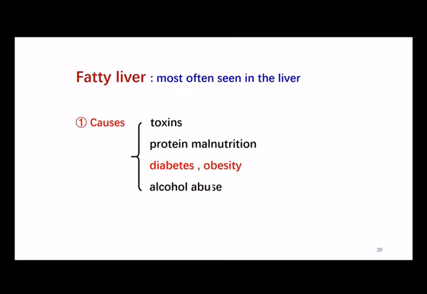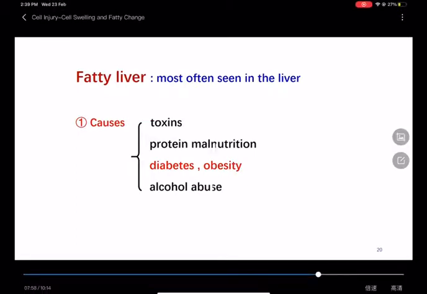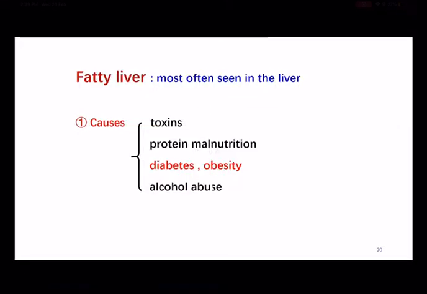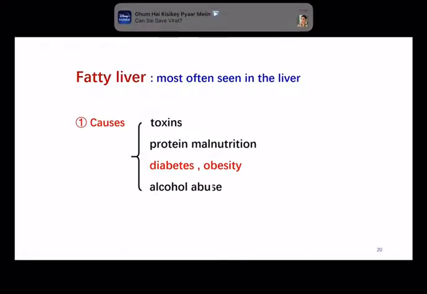Fatty change is mostly found in the liver. It may be caused by toxins, protein malnutrition, alcohol abuse, diabetes, obesity, and so on. Alcohol abuse and diabetes associated with obesity are the most common causes of fatty change in the liver in industrialized nations.